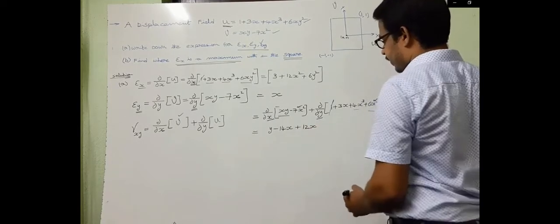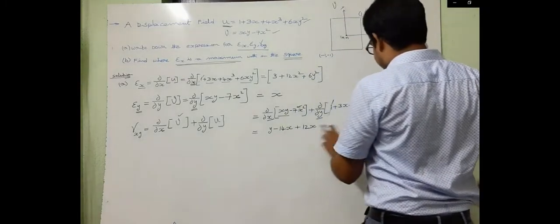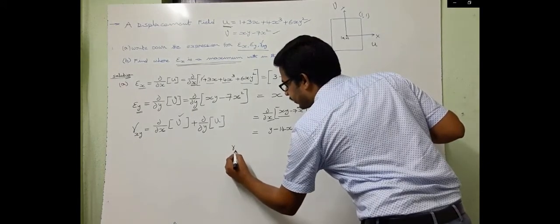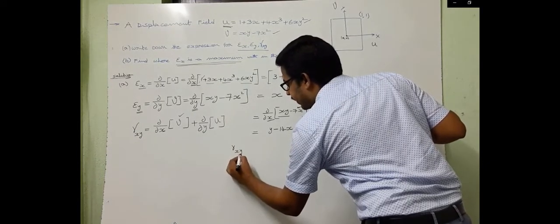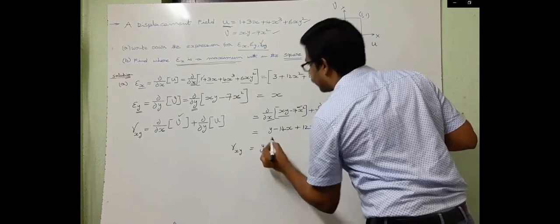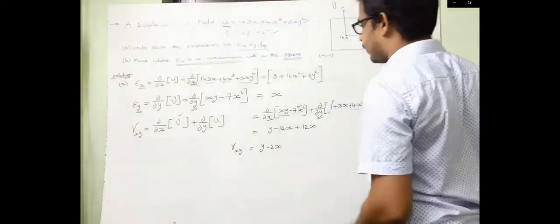So y minus 14x plus 12x, that equals gamma xy is equal to y minus 2x.